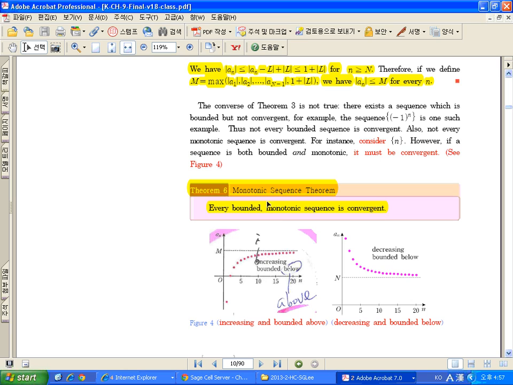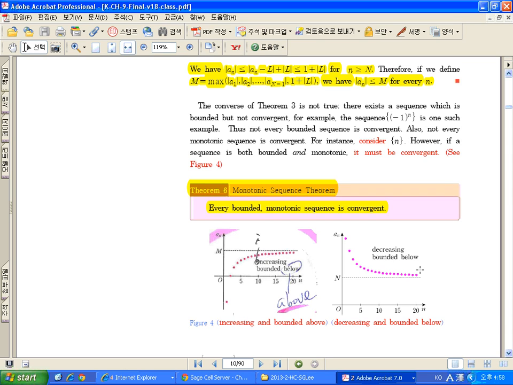The next thing. This monotone sequence theorem is one of the most important theorems that we're going to use a lot. Every bounded and monotonic sequence is convergent. If a sequence is monotonically increasing or monotonically decreasing and bounded, then this sequence is always convergent, like this.